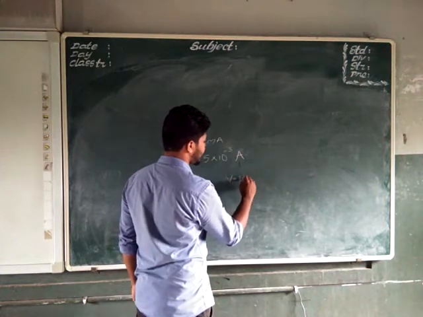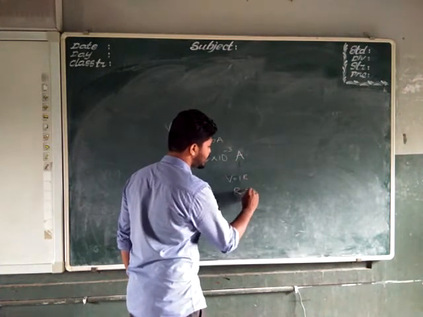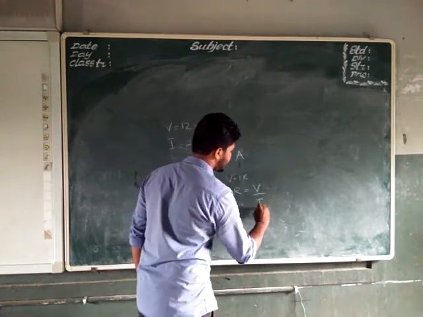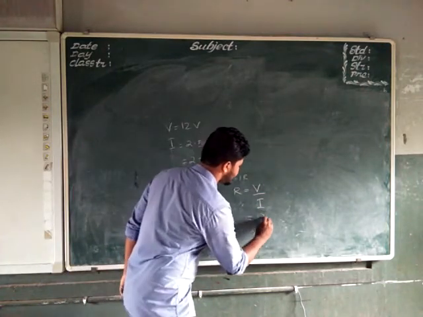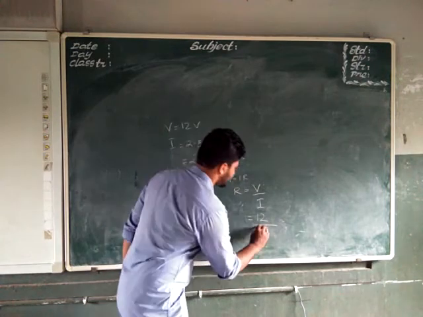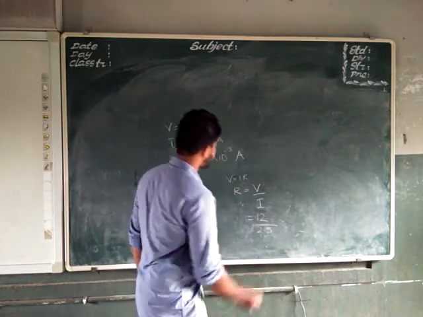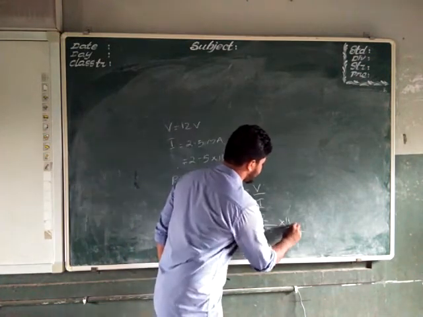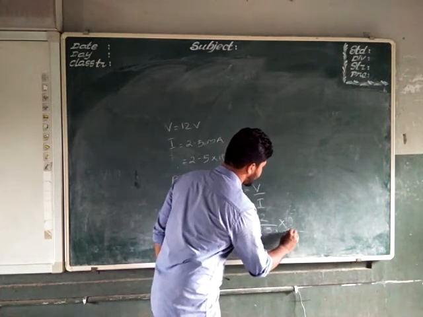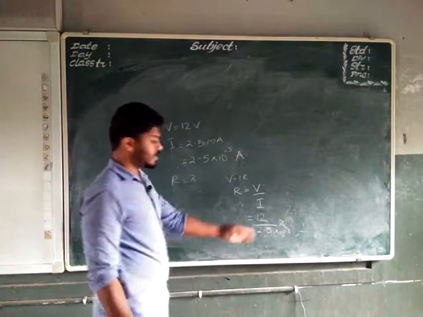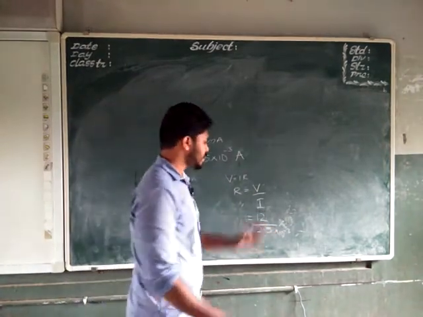It's very easy. We have the equation V equals IR. So R is equal to V by I, which is equal to 12 by 2.5 into 10 raised to minus 3. It's in the denominator. You can take the 10 raised to minus 3 to the numerator.